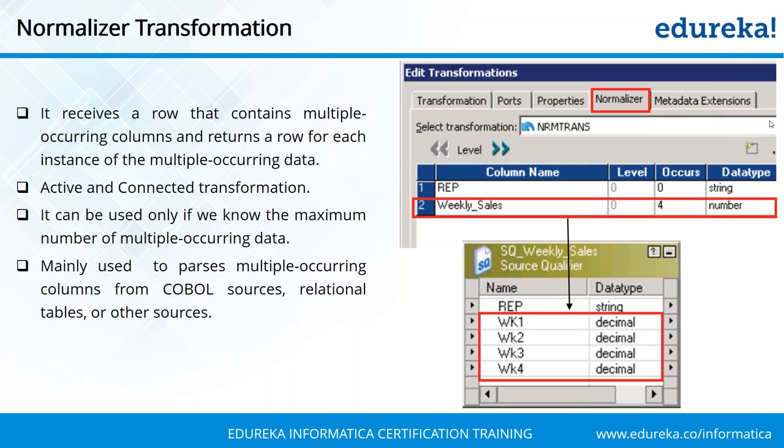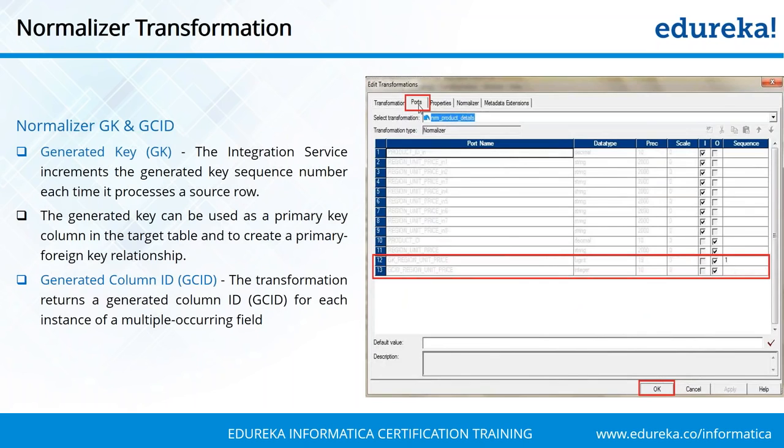Alright. So now let's move ahead and look at an additional feature that is provided to us through the normalizer transformation. So this is the normalizer generated key and generated column ID. Now the generated key is just a key sequence number that is added to each row and it gets updated every time we encounter a row. So let's say you have 100 rows, then you have a value for the generated key ranging from 1 to 100.